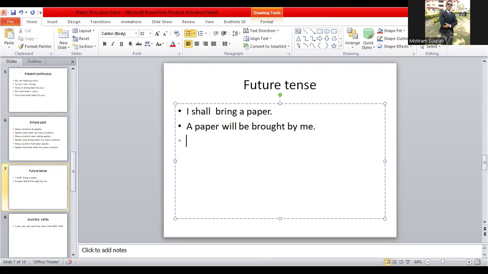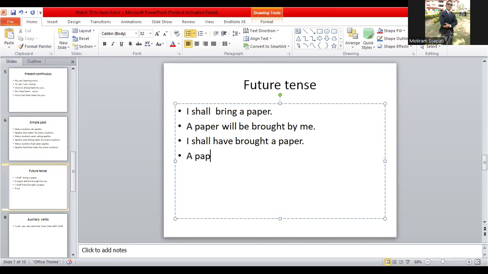So next one, future continuous. There will be no change in the passive voice. Future perfect, yes. I, what will be? Shall have. I shall have brought a paper. So what is the subject of the passive?